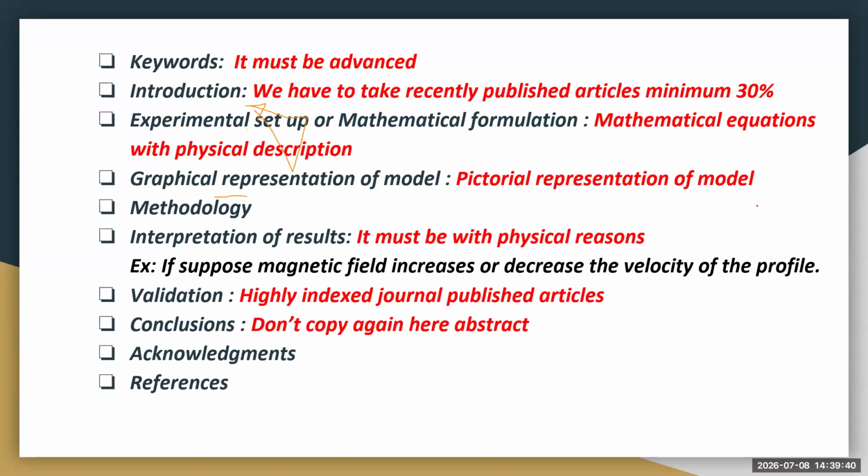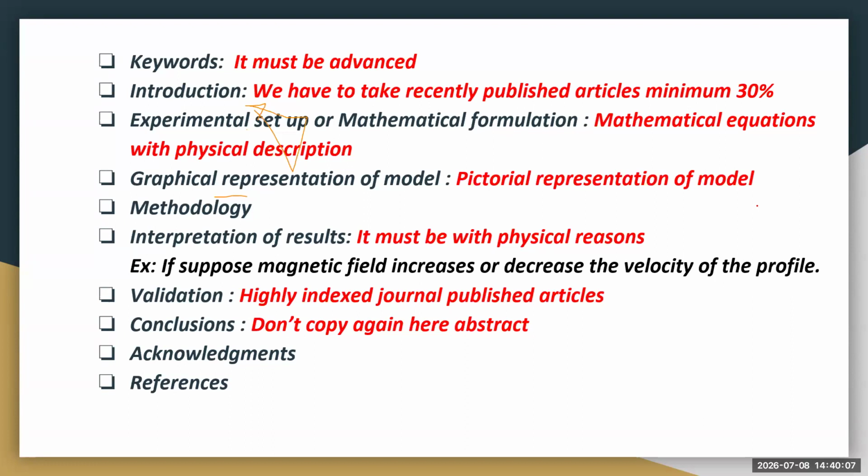The next part is the experimental setup or mathematical formulation. As I am a mathematics researcher, we deal with equations most of the time. An equation means we have some physical description in mind, so we write with the physical description why we are using this particular equation.